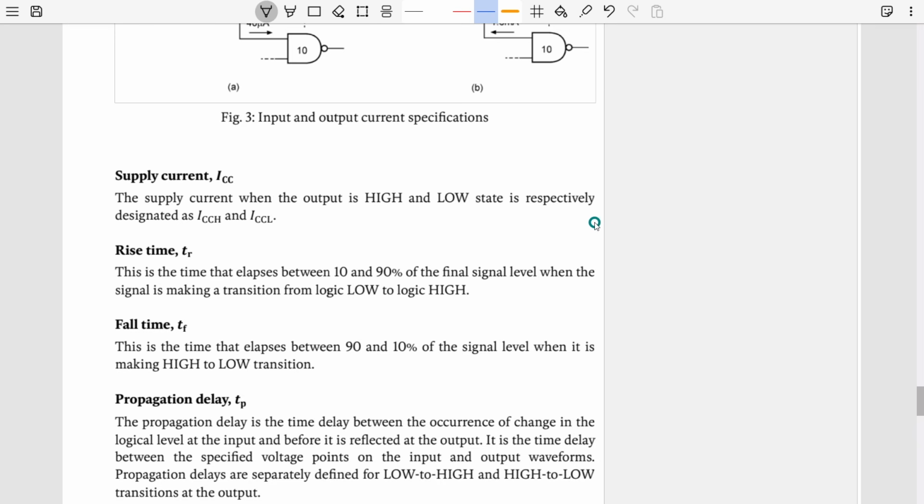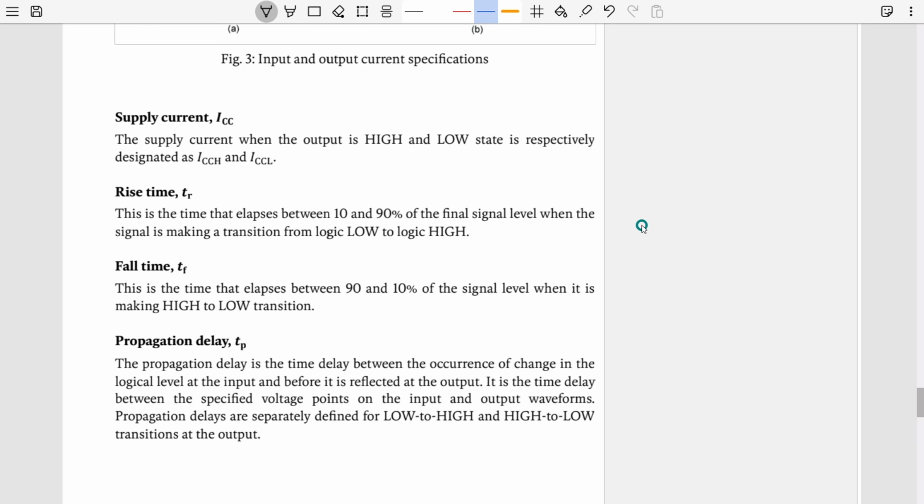Okay, now let us look at some next characteristics parameters. These are simpler than the previous ones. So what is supply current? ICC. Whenever you have used this kind of logic ICs in your lab, you have seen maybe in each of the ICs we have 4 different gates.